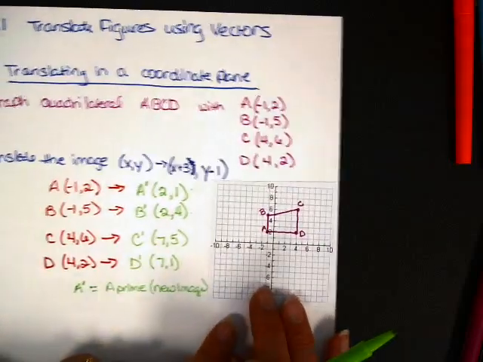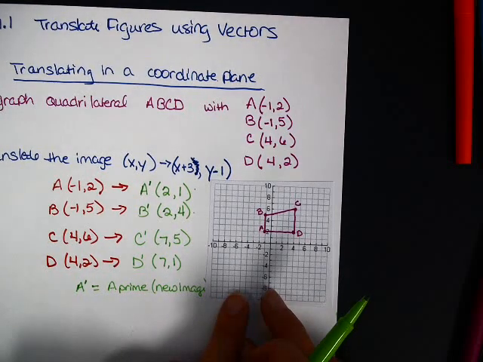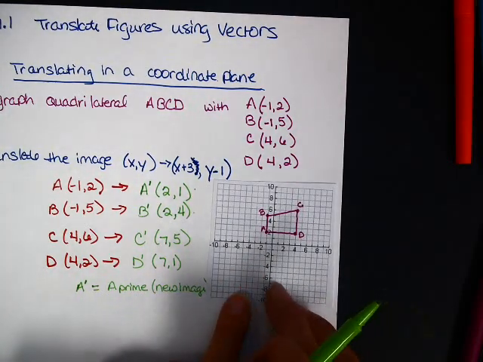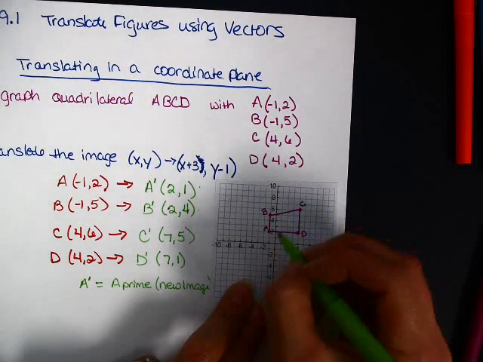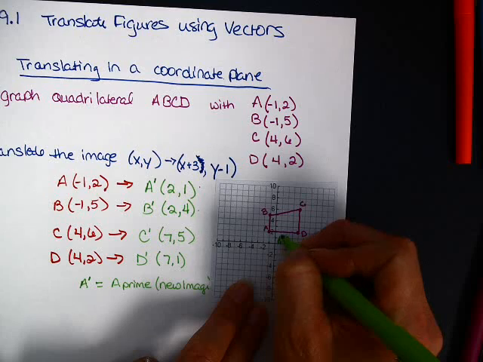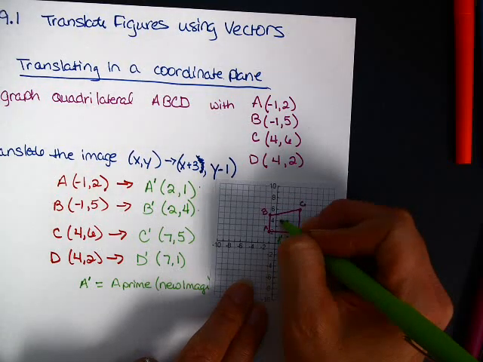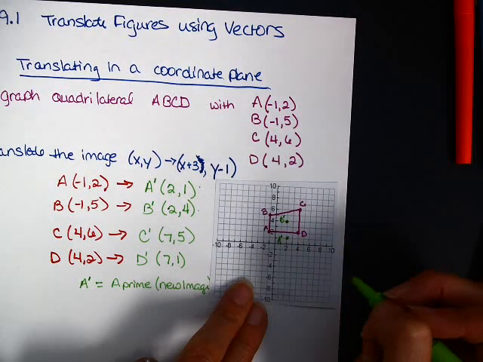Now then, what I want to do is graph my new image, A, B, C, and D prime. So my new one would be at 2, 1. That's A prime. At 2, 4. That's B prime.